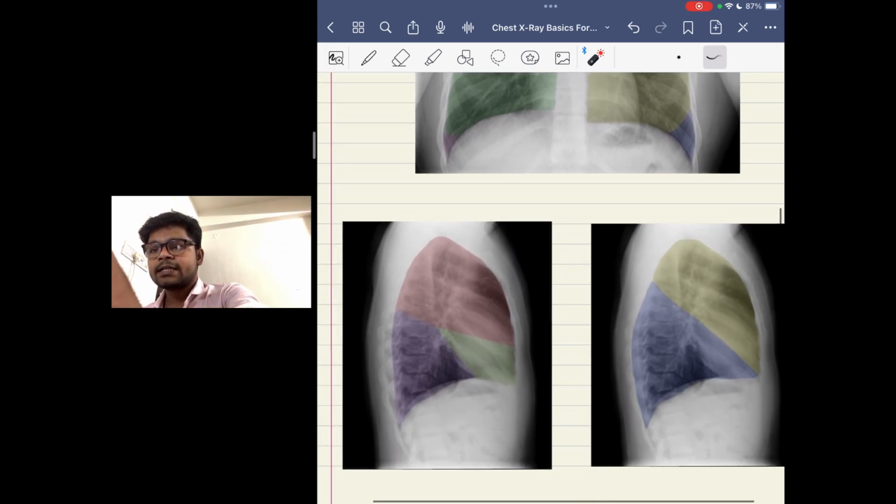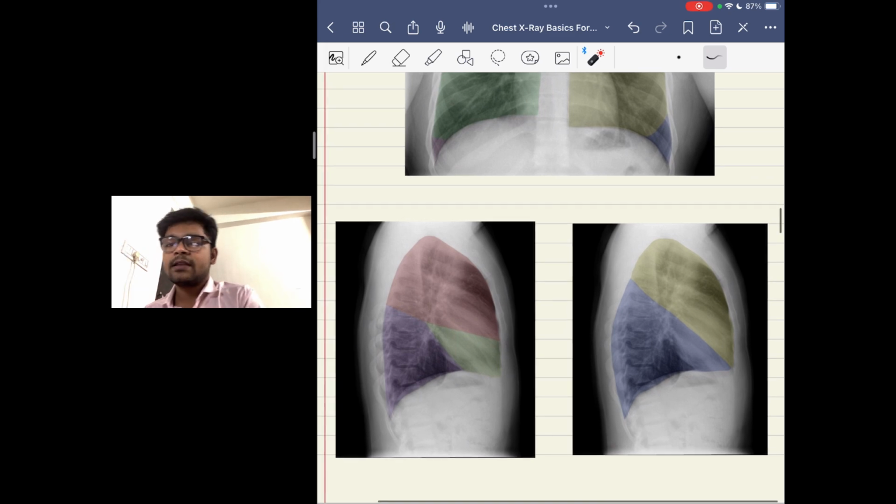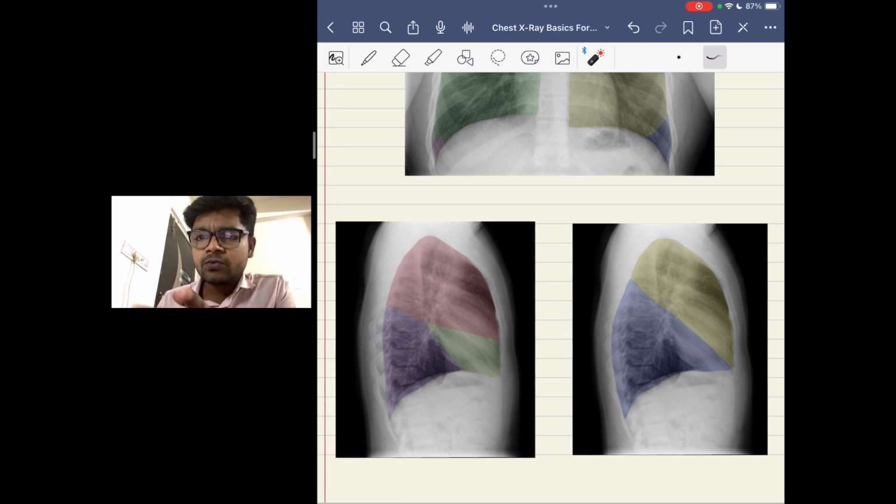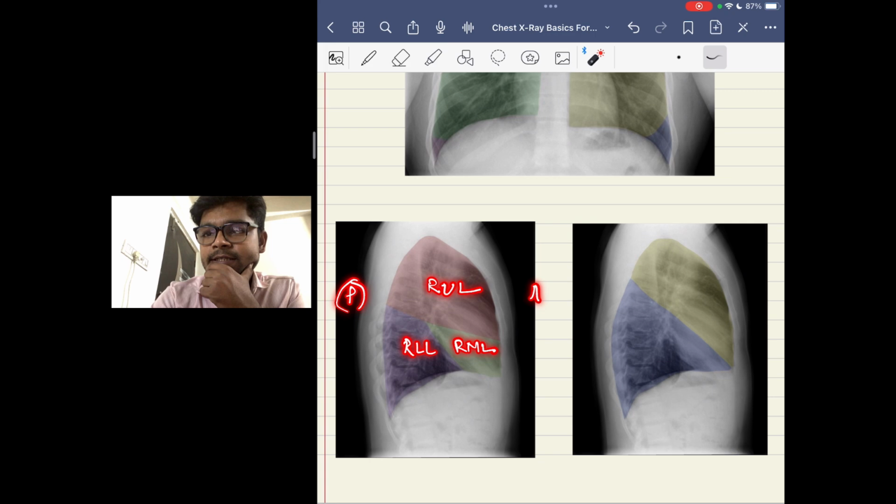Let us review the same thing in the lateral X-ray film. This is usually not asked in the exam, but for the purpose of understanding, you see that this big fissure is the oblique fissure and this thing is the horizontal fissure. This is the right upper lobe, this is the right middle lobe, and this is the right lower lobe, and this is the posterior side, this is the anterior side.